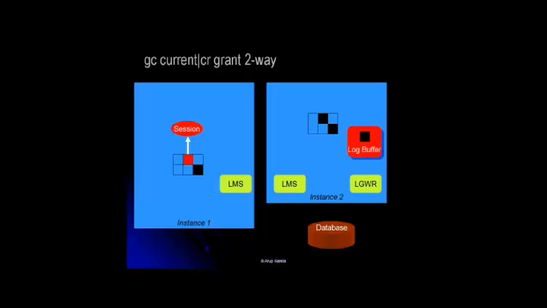To do that, it has to go and ask the master of the buffer. This master happens to be on instance 2. Who exactly asks it? An LMS process of instance 1's node asks the LMS process of instance 2's node, which is the master of this buffer: hey, can I go ahead and get it from the disk because I don't happen to have it?